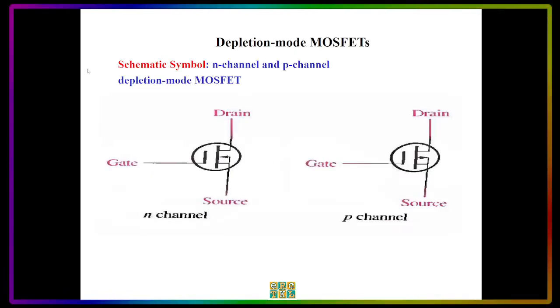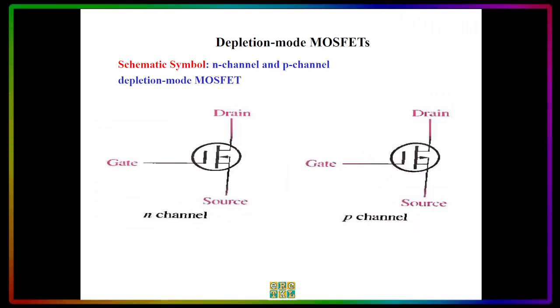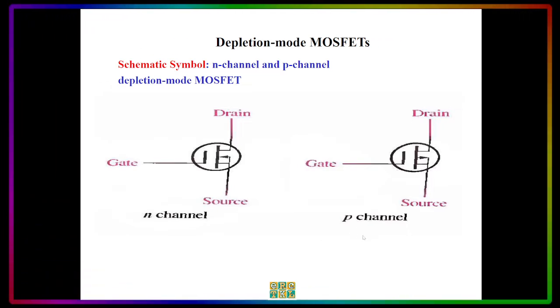So the schematic symbols of the N-channel and P-channel depletion mode MOSFET are given below. On the left side is the N-channel depletion mode MOSFET, and on the right side is the P-channel depletion mode MOSFET.